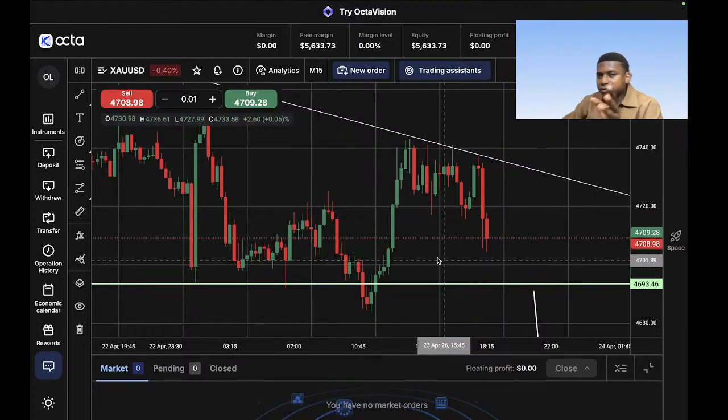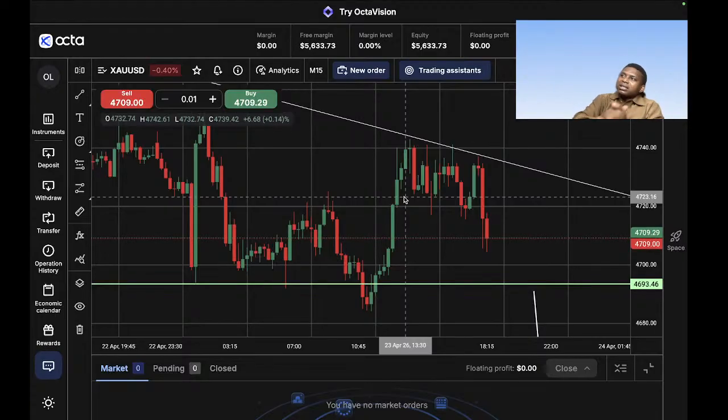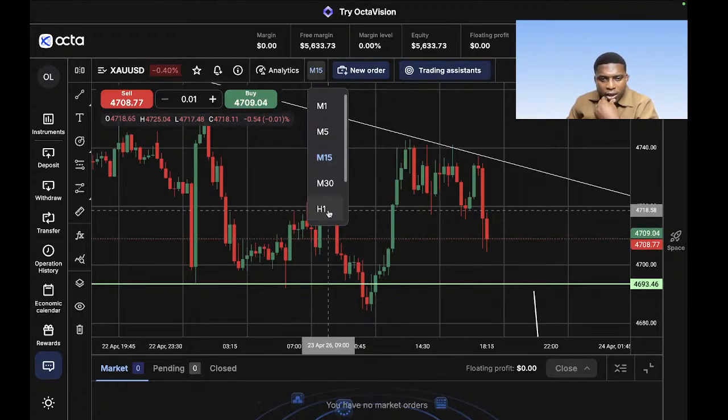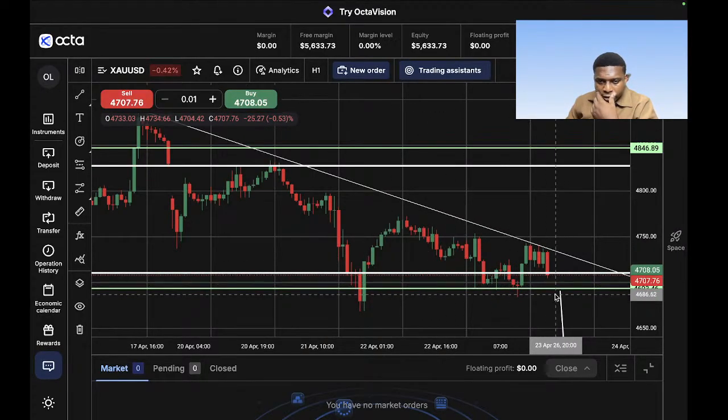Even though most of this from the 15-minute, 5-minute and 30-minute time frames is mostly noise, the solid confirmation comes from the higher time frames, like the 4 hours, the 1 hour, the daily time frame. So yes, for gold, we are going to wait for a confirmation.